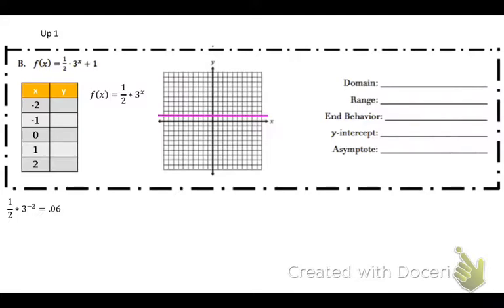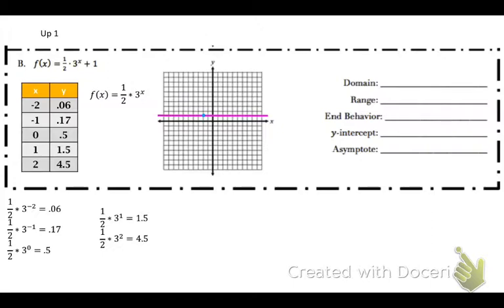So that's going to be 1/2 times 3 to the -2nd power, which is 0.06. And then 1/2 times 3 to the -1st power is 0.17. 1/2 times 3 to the 0 power is 0.5. 1/2 times 3 to the 1st power is 1.5. And then 1/2 times 3 squared is 4.5. Now I'm going to graph those values from that new axis.